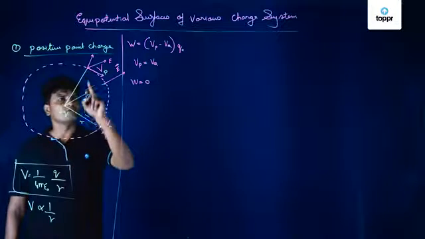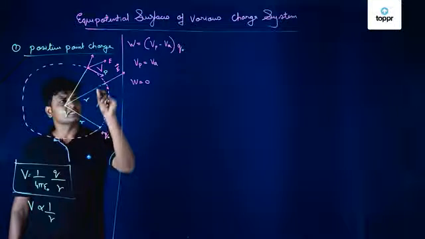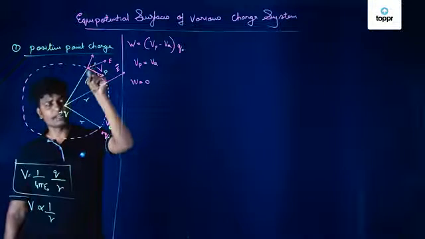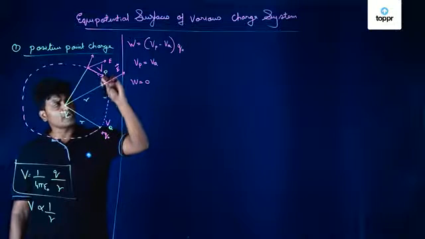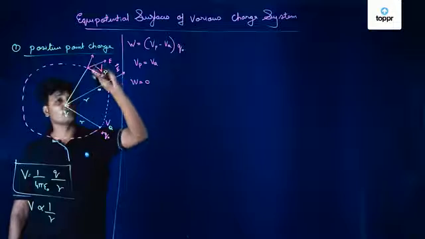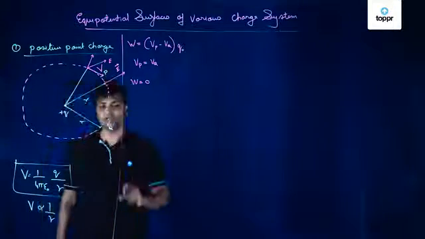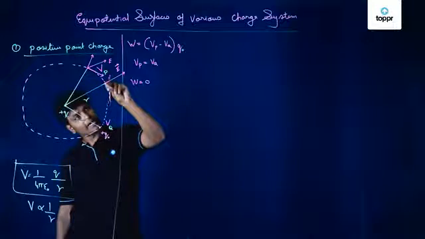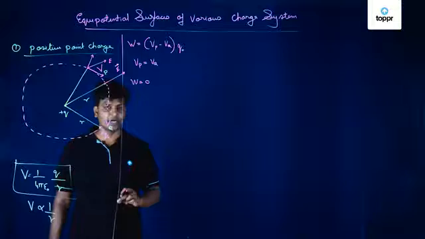If it is lying along the equipotential surface, that means there is a presence of electric field along the surface. So if I want to move the charge from this point to this point, I have to apply external force against this electric field. If I am applying external force and making some displacement, I have to do work.